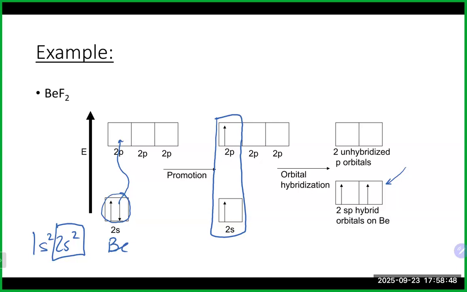And we also have, as I mentioned before, those 2 unhybridized p orbitals up on top. It's this sp orbital that's then going to make a bond with a fluorine. Again, this is beryllium all the way across here. Each has one unpaired electron, which allows them to share an electron with fluorine and make the bond that they need to in this particular case.